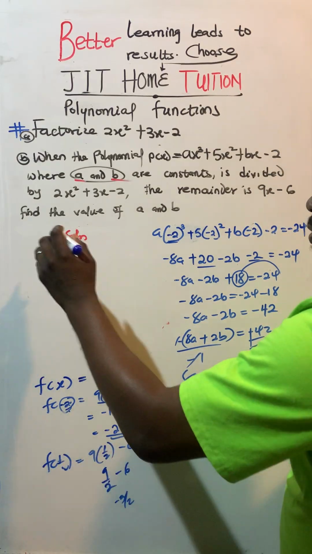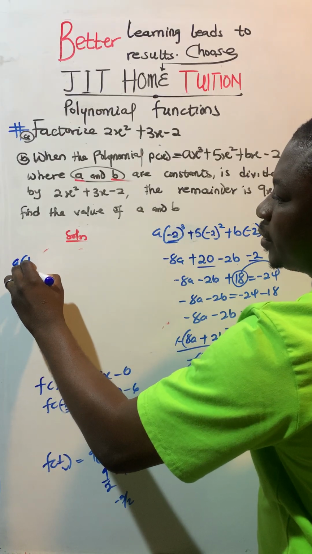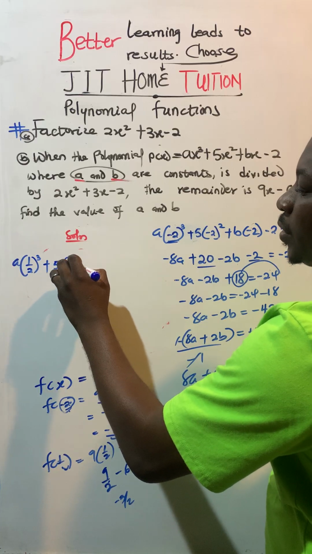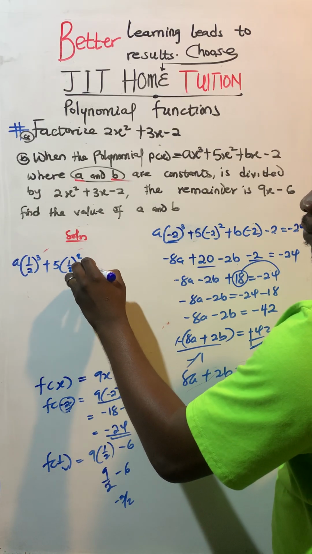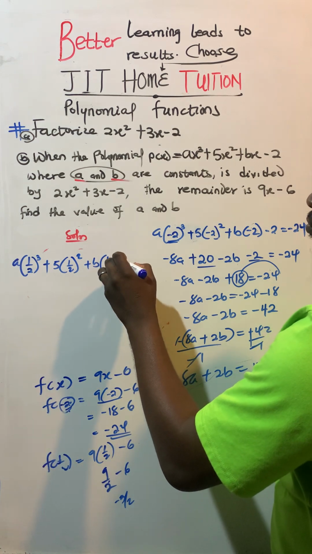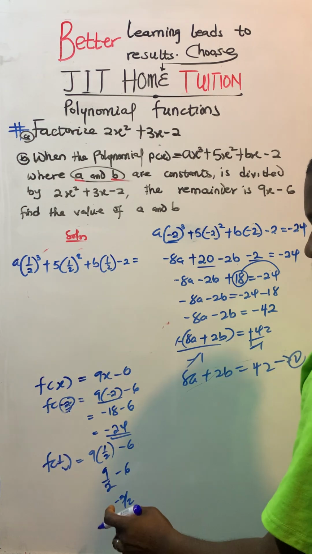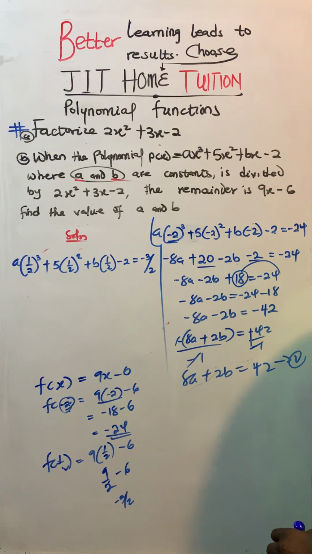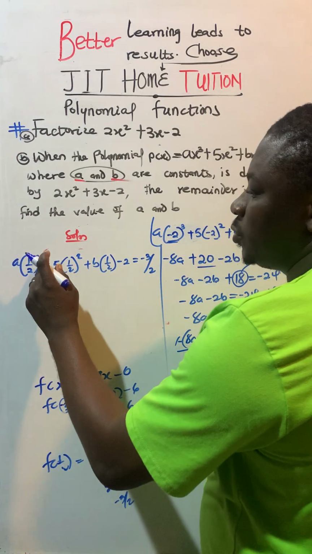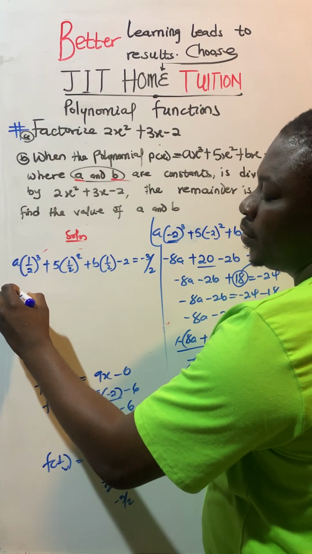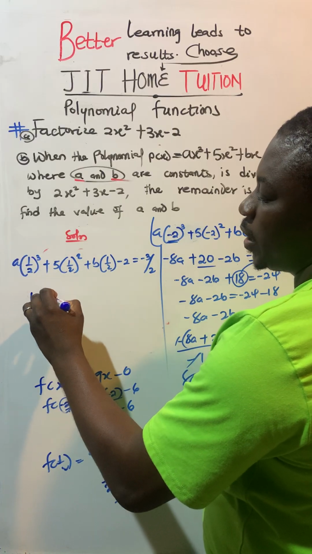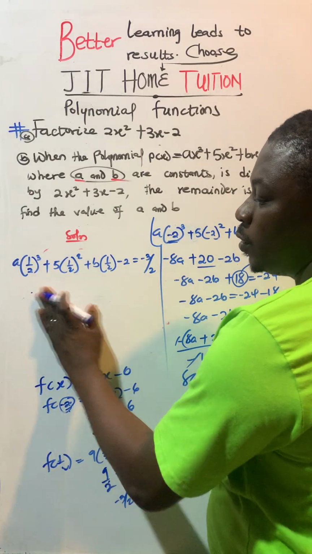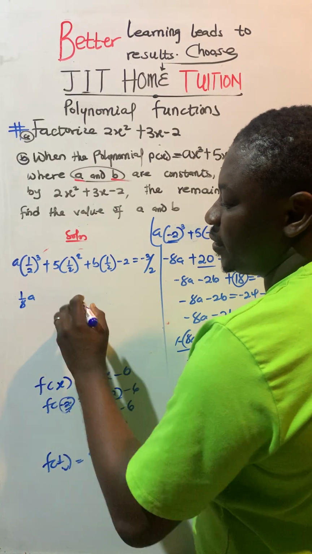So when it is half, we are going to have a exponent, that is half all cubed plus 5 multiplying half all squared plus b multiplying half minus 2 equal to -3 on 2. We need to divide this side. Okay, now it will affect this one such that you have 1/2 times 1/2 times 1/2, and that will give you 1/8. 2 times 2 times 2. So in this case, you have 1/8a.